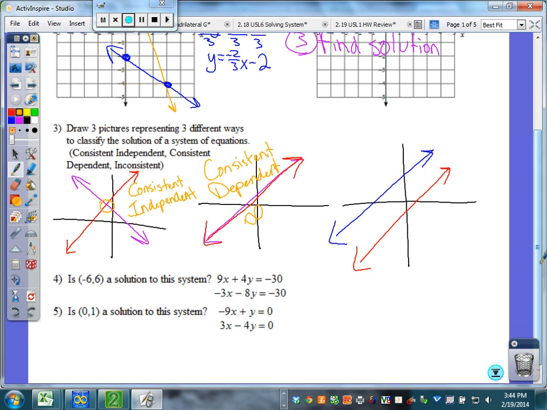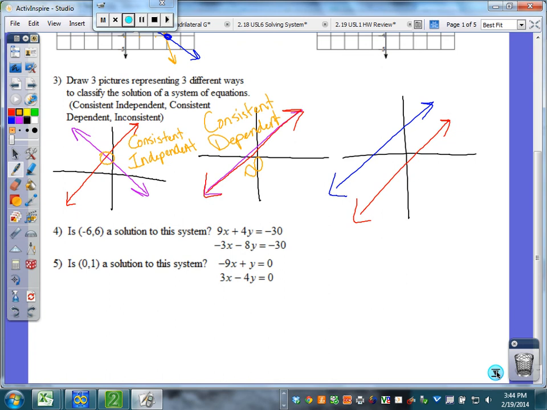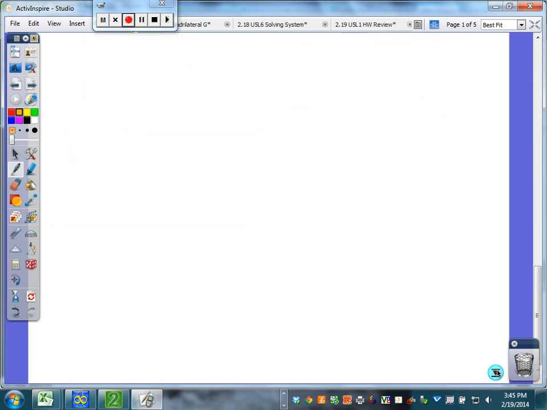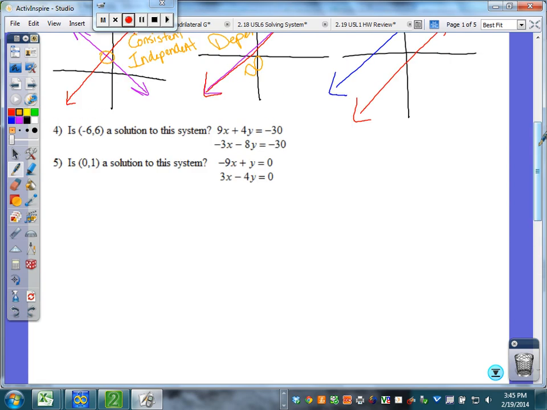Number 4, all we're asked to do is just verify that that particular point is going to be a solution to the system. So we'll go ahead and do the first one. We have a system of equations.